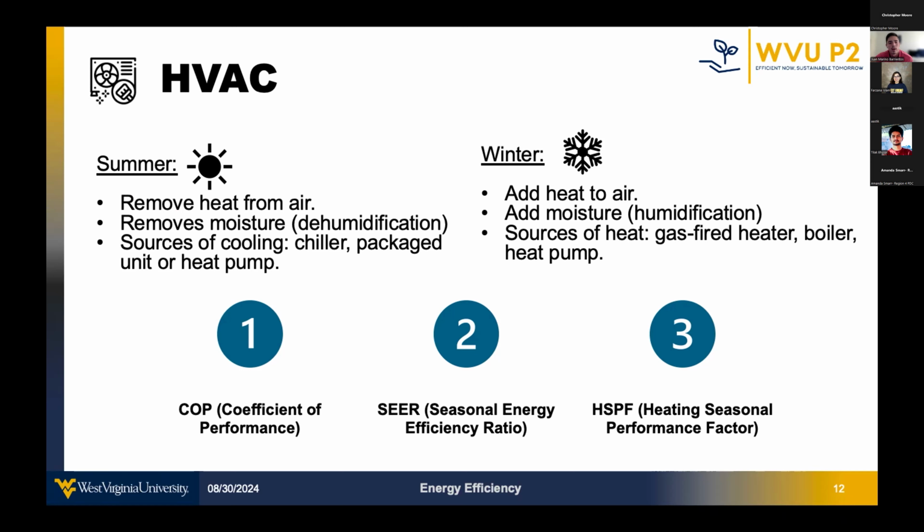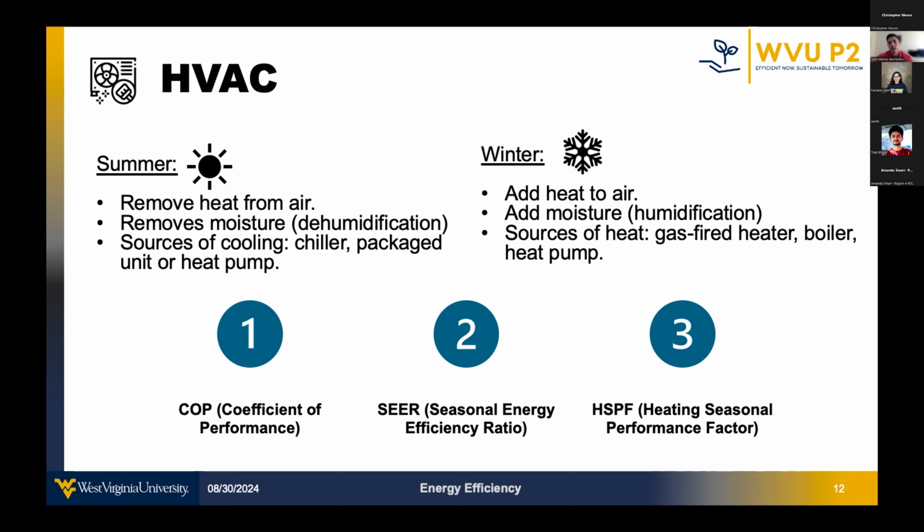Now, these three are some of the most important key metrics used to evaluate HVAC system efficiency and performance. First, we have the COP, which stands for coefficient of performance. This one is the most important parameter to be measured and calculated. COP in HVAC measures the efficiency of heating and cooling systems, especially heat pumps.